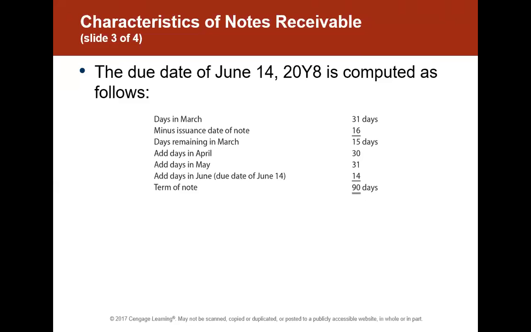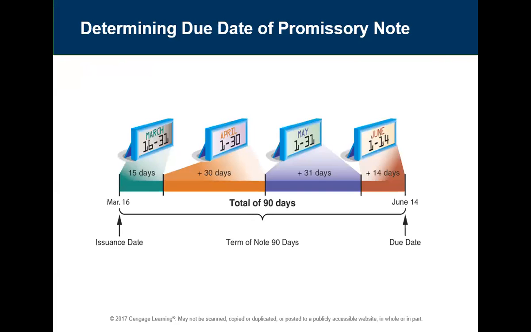So that's how that due date is calculated. We'll practice one of those too. It's always kind of fun, right? So this note was issued on March 16th, and here's a visual representation. March 16th through the 31st was 15 days, plus the 30 days in April, plus 31 days in May.